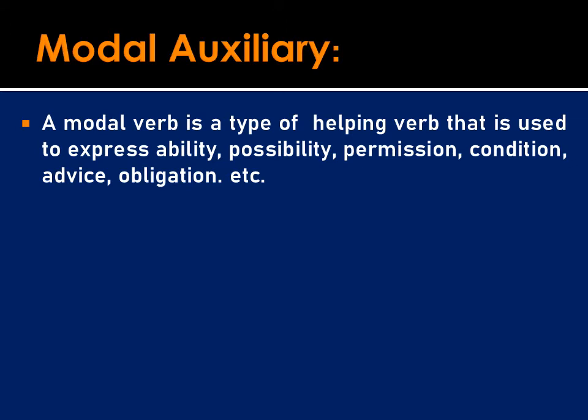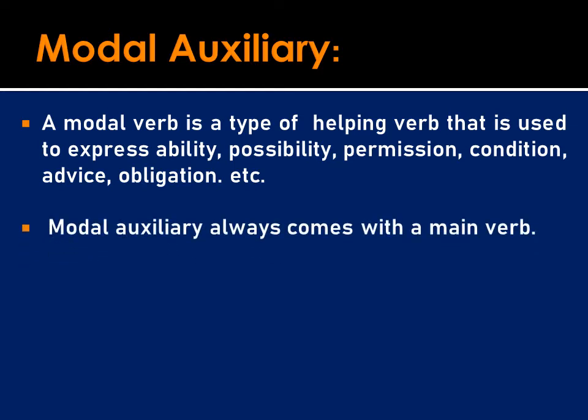A modal verb is a type of helping verb that is used to express ability, what you are capable of, a possibility, what is possible, to ask permission, to state a condition, to give advice, or obligation, a duty.